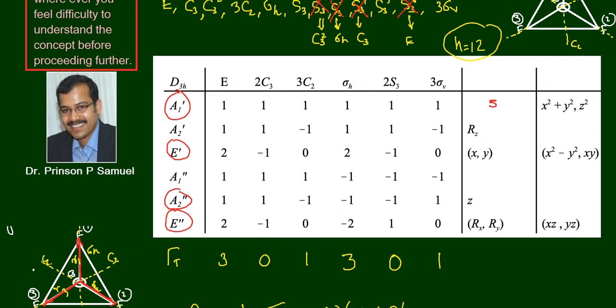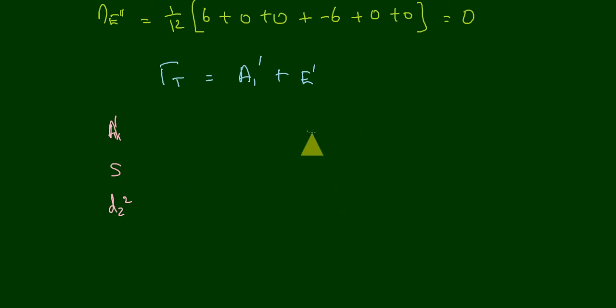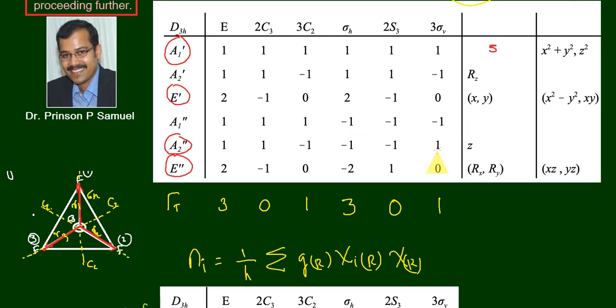What are the atomic orbitals corresponding to E dash? E dash is this one: Px, Py, then dx square minus y square, dxy. So let me write E dash is Px, Py. These are a degenerate set because it is written inside the bracket, right? Px, Py. These are a degenerate set.